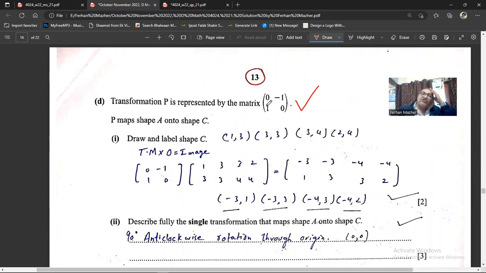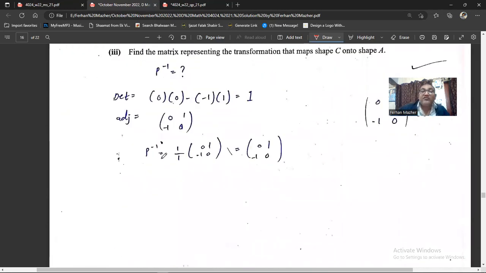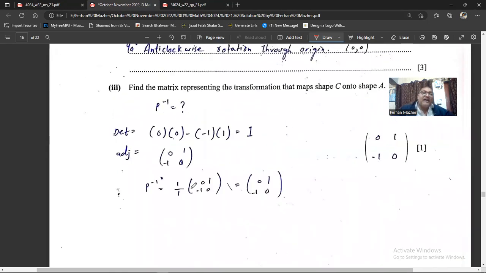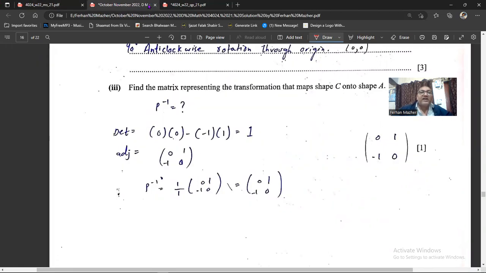So that's the adjoint, and the inverse is 1 by determinant of P into the adjoint of P. So you will have 1 by 1 into 0 1 minus 1 0, which is 0 1 minus 1 0. That is the right answer.